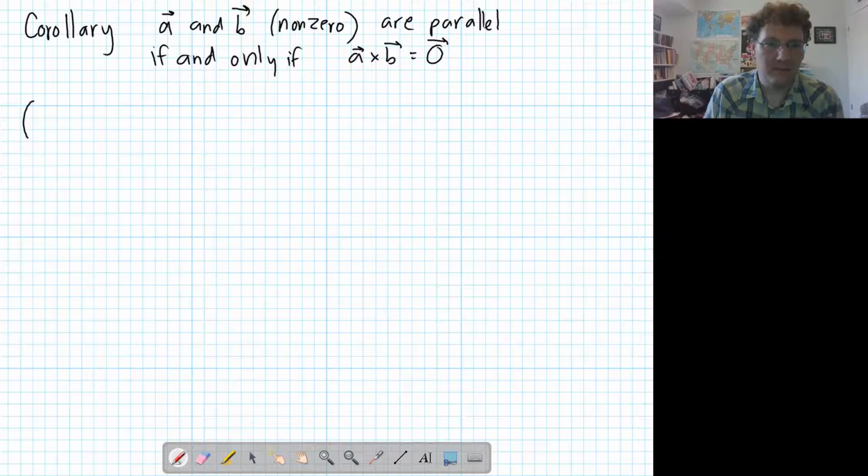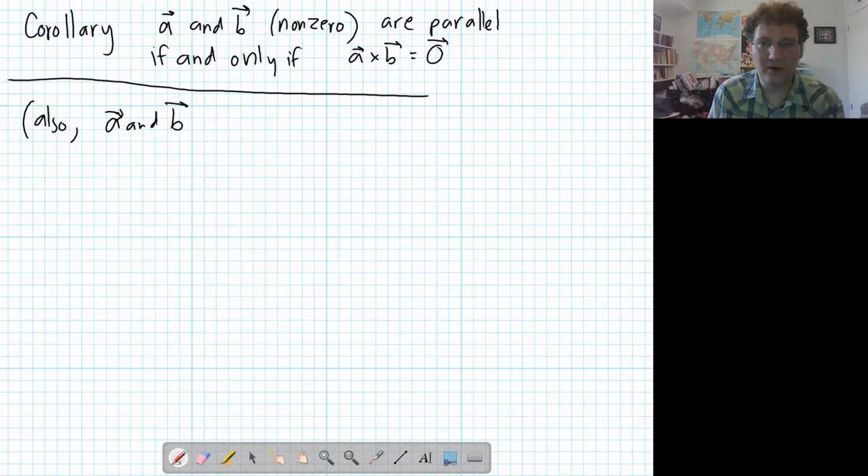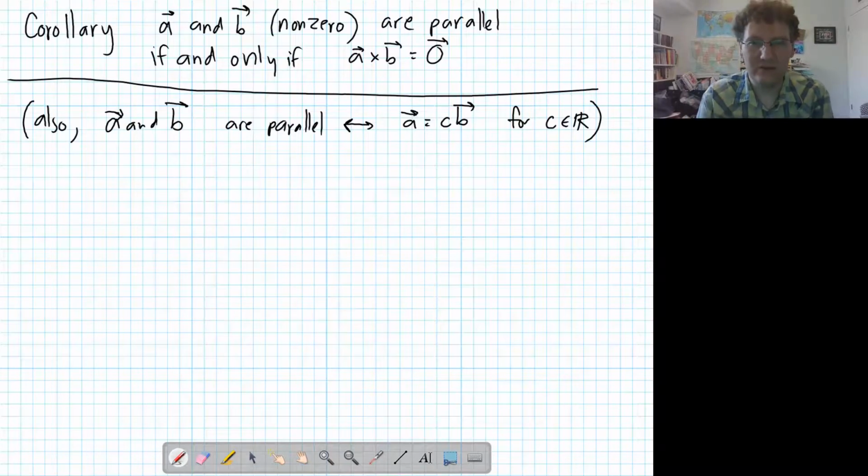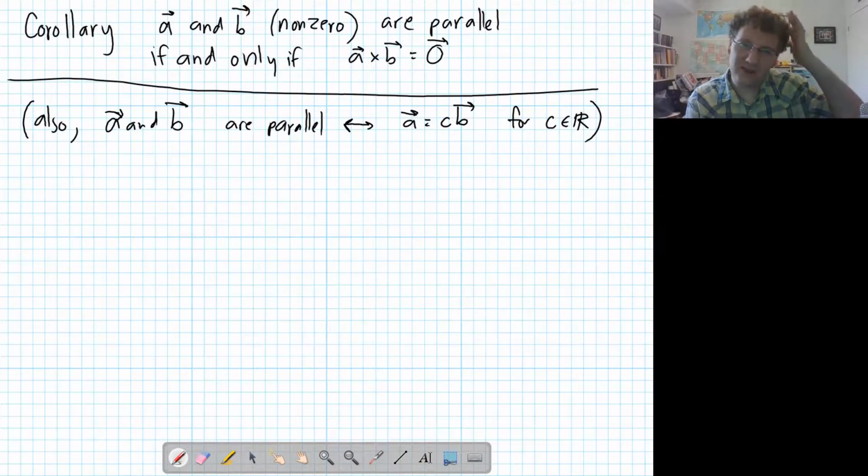Also, this is not the corollary, but just a fact about vectors: A and B parallel implies that A is equal to some constant c times B, for some real number c. This is another way of knowing that two vectors are parallel. So if B is a scalar multiple of A, then you know they're parallel. If they're parallel, then the cross product will be zero.